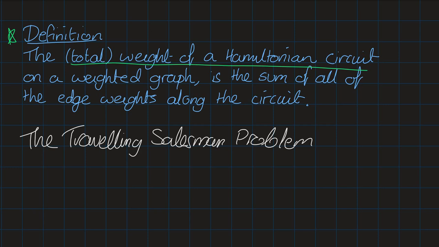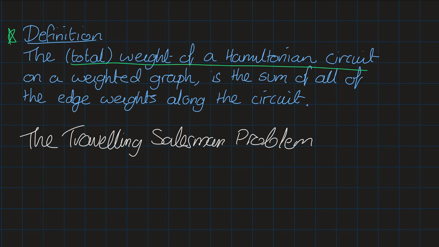So the vertices perhaps are the towns and the edges are the roads between the towns. And there's a travelling salesman and he wants to try and sell his wares to as many people as possible. So he starts out in his hometown and he wants to visit every other town and try and sell his stuff and then return home. And obviously he wants to do this as efficiently as possible.